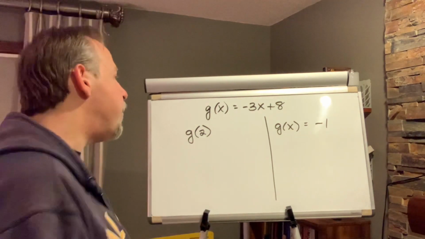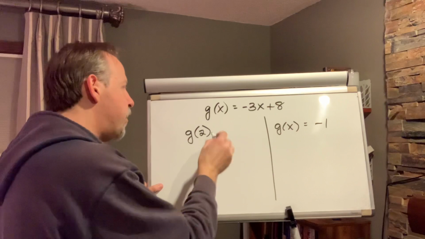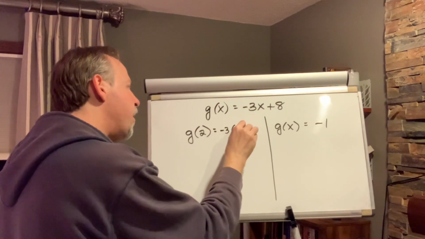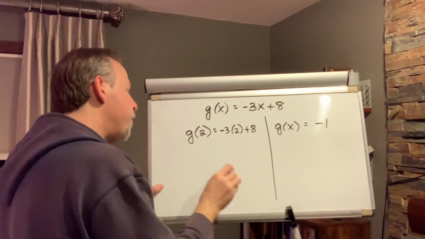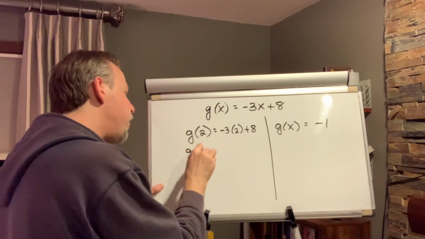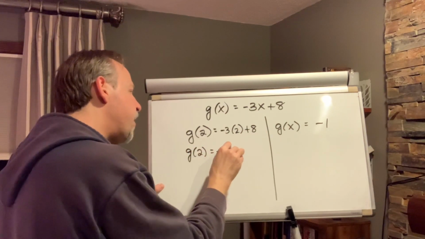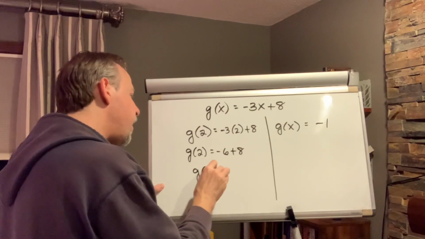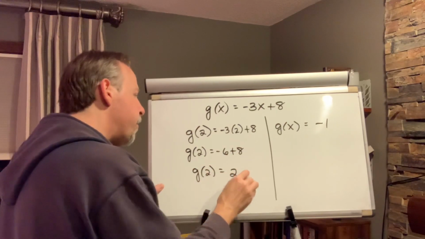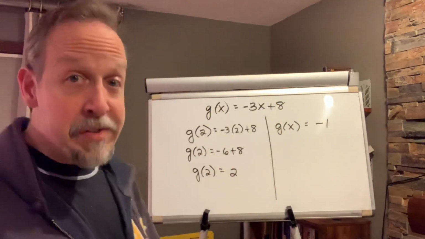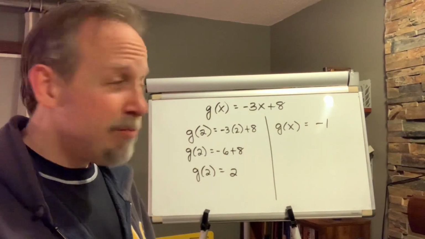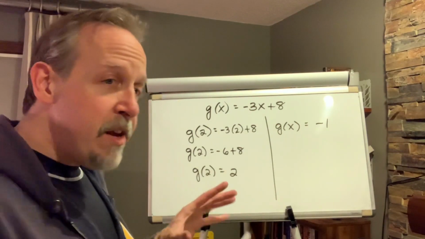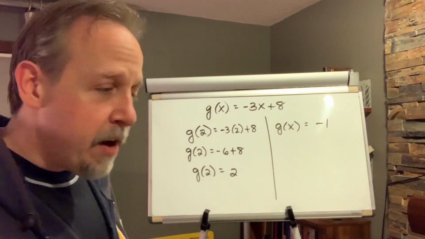To solve g of 2, I'm going to plug in the number 2. So negative 3 times 2 plus 8. So g of 2 equals negative 6 plus 8. Turns out g of 2 equals 2. Coincidental, not on purpose. G of x equals negative 1 says make the g of x function equal negative 1.